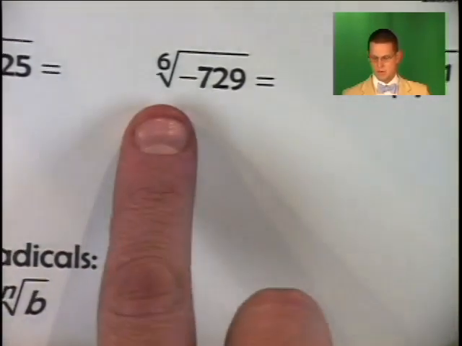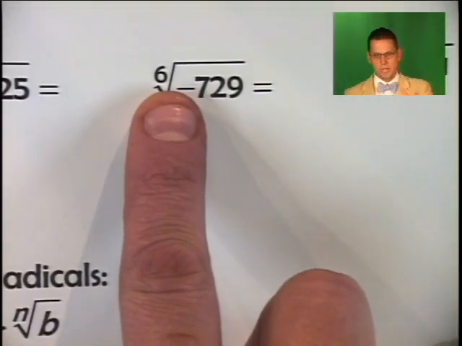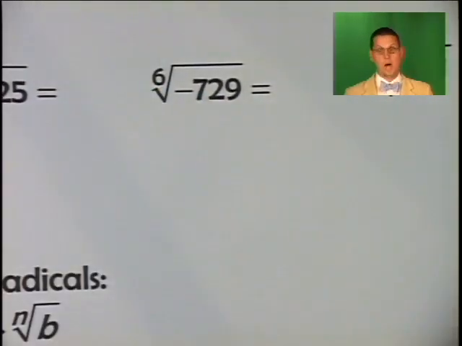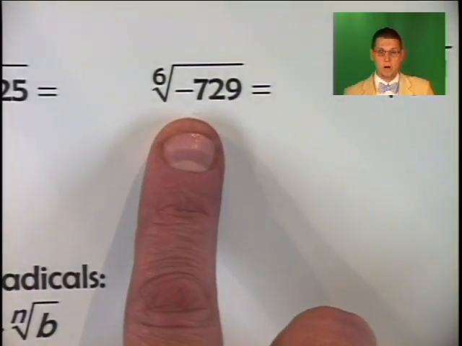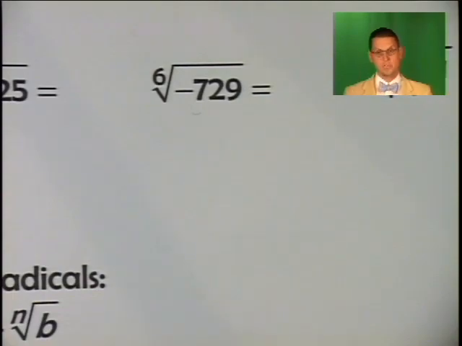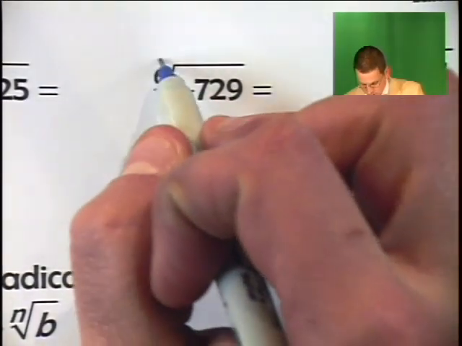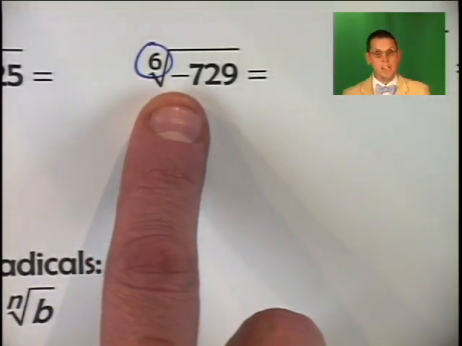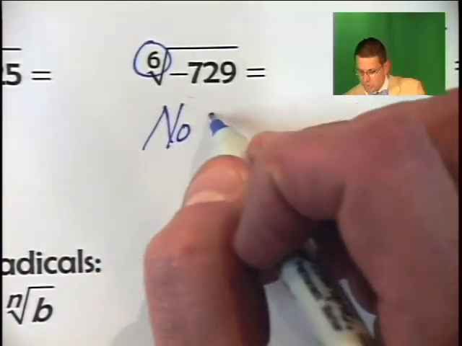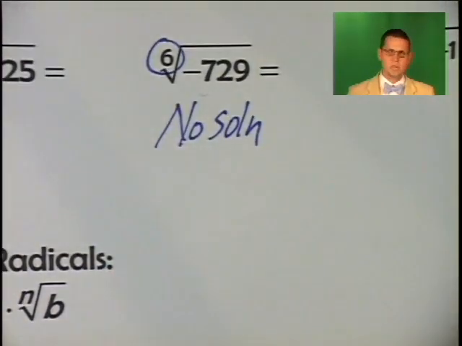You can't take an even number of negative numbers, multiply them together, and get a negative number. It doesn't work, because you're always going to be pairing them up in 2's, which is going to make it positive. And that's exactly why, if your root index is even, you can't take an even root of a negative number. So this would be no solution.